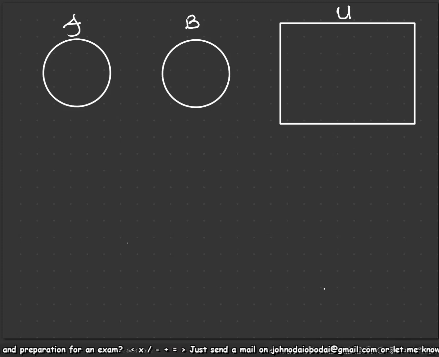But how we draw our Venn diagram will depend on the relationship between A and B. So depending on the relationship between A and B, there are two ways we can draw our Venn diagram.